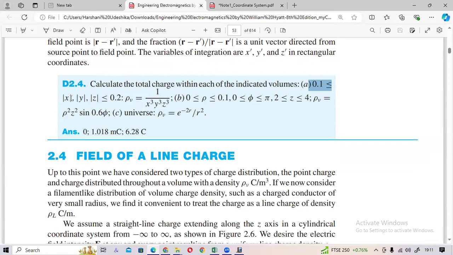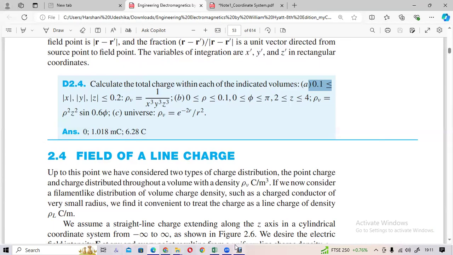Actually, here this magnitude is mentioned. So if you put magnitude, what does it mean?